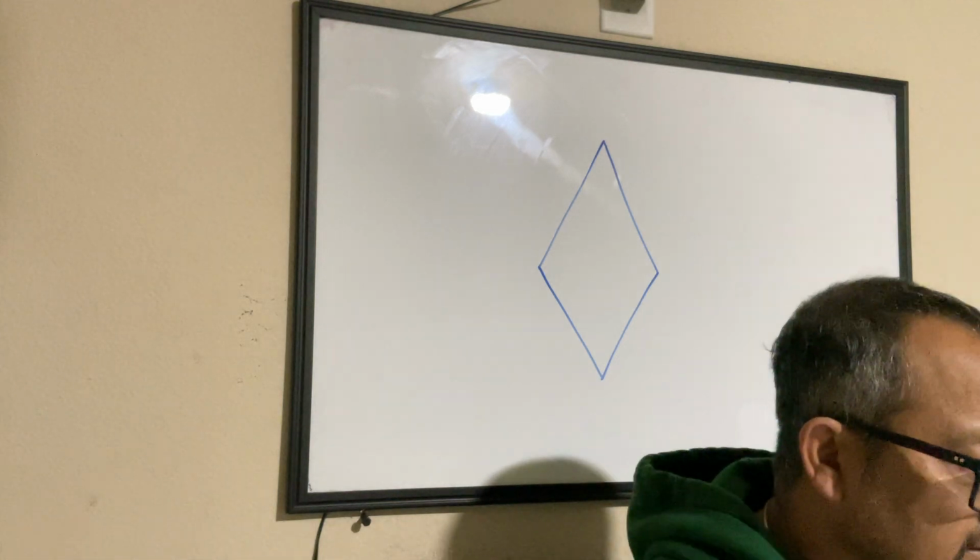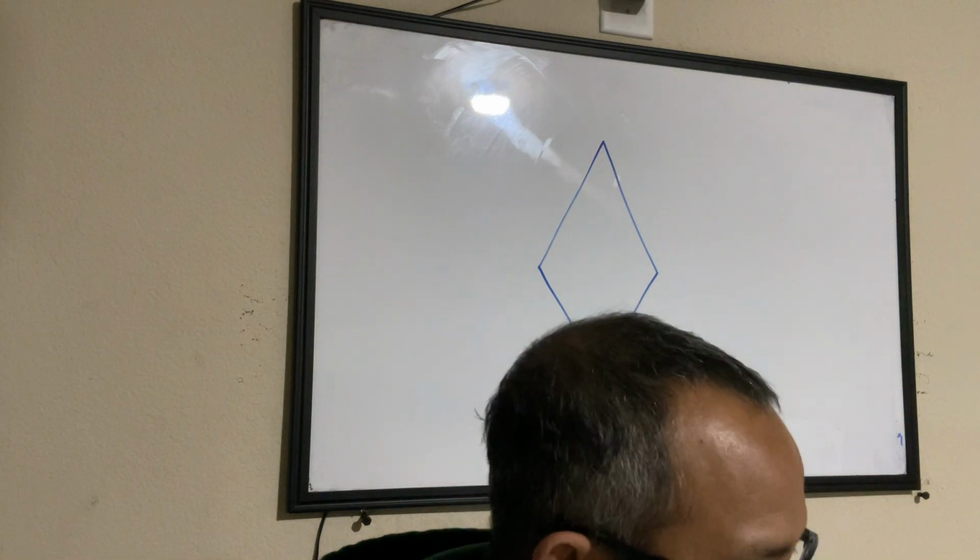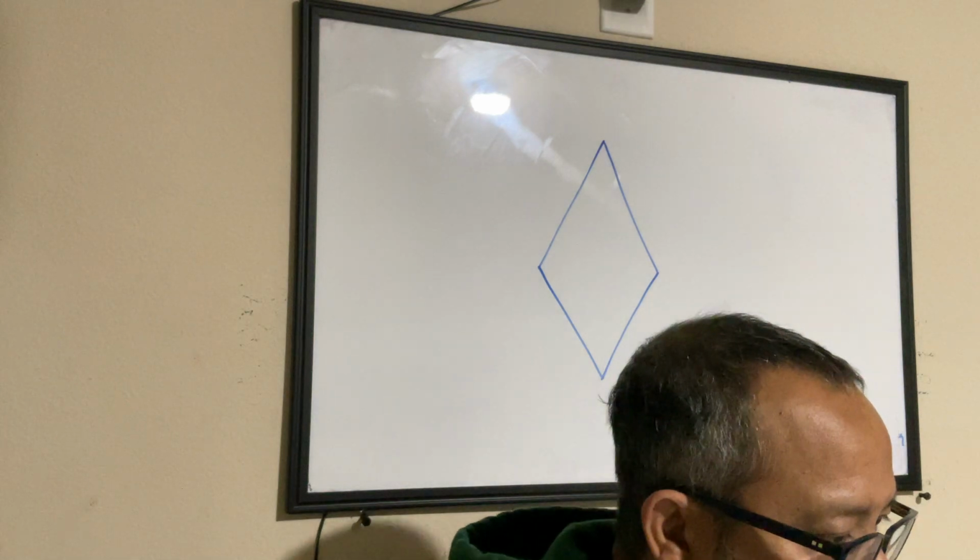Okay, I see Shranvi, Nehit and Salni have raised their hand. Anybody else who knows about this shape? Okay, everybody knows. So let me start with Nehit. What is the shape called? Diamond.